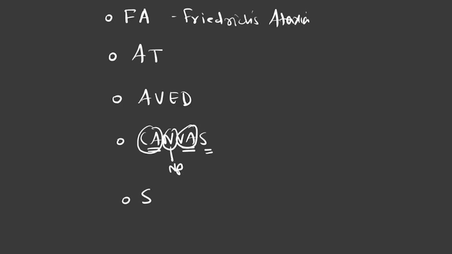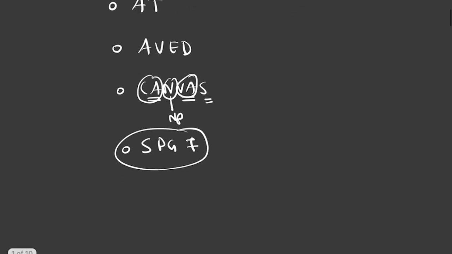Next we have SPG7 syndrome, that is spastic paraplegia 7. Usually this spastic paraplegia causes what type of neurological problem? It causes just spastic paraplegia, but sometimes SPG7 can be associated with ataxia. That's why it is included under autosomal recessive ataxia.